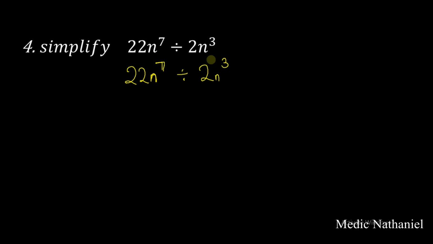Also, the power of 3 is carried by n, so n raised to the power of 3 is the index number, while 2 is the ordinary number. So use the ordinary number to divide the ordinary number, and use the index number to divide the index number.